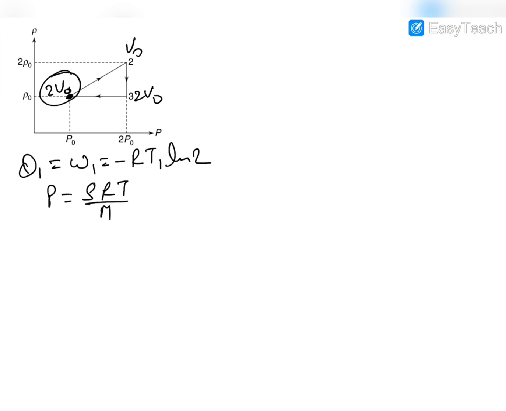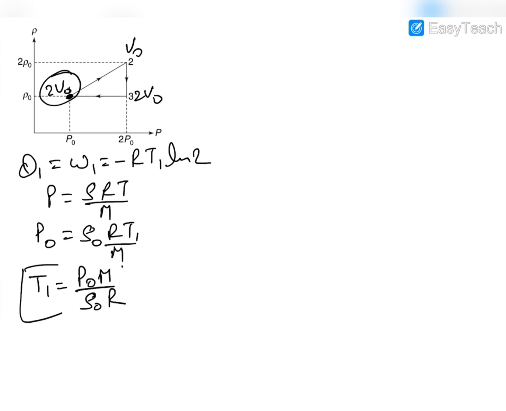So at this point you can see that the pressure is P naught and density is rho naught, so R T1 by M, and therefore T1 will be equal to P naught M by rho naught R. So this is T1, and R T1 will be equal to P naught M by rho naught.